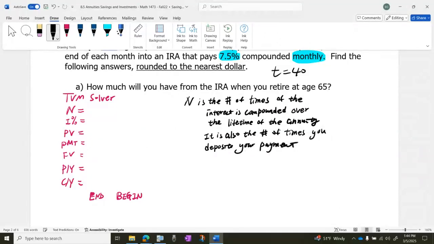You deposit $200 at the end of each month for 40 years, right? So what do you think? What's the value of N? You deposit at the end of each month for 40 years. What's the value of capital N?